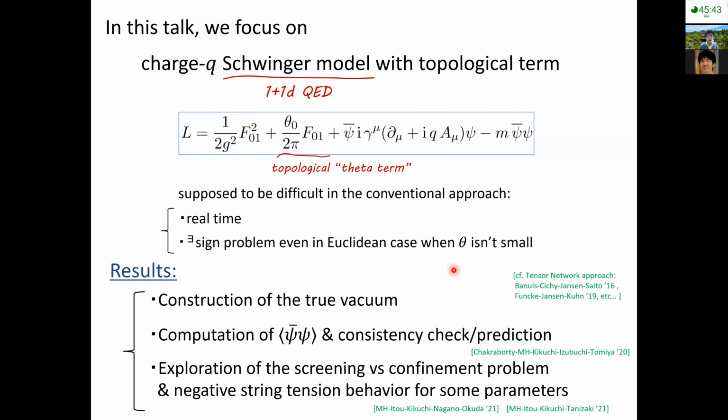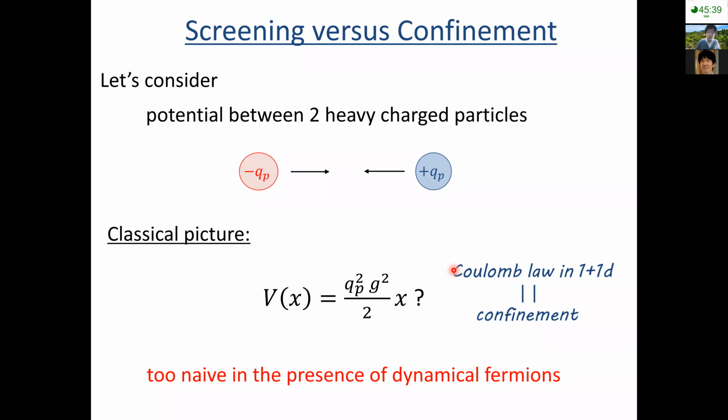Okay, next, let me briefly explain the screening versus confinement problem. Let's consider the potential between two heavy charged particles in this model. We are in 1+1 dimensions now, and the classical picture is like this. We have a Coulomb law in 1+1 dimensions, which gives a potential proportional to the distance.